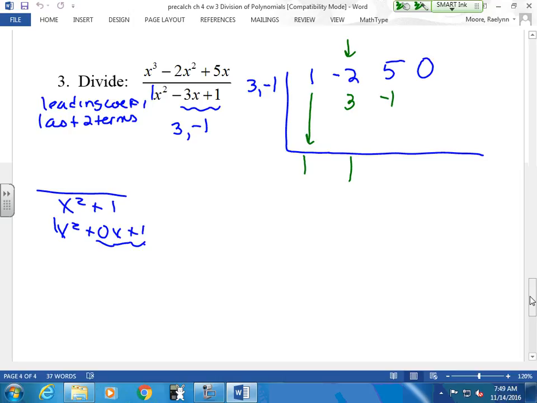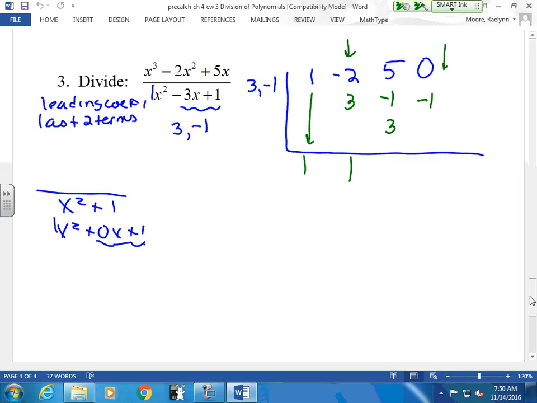I'm going to do it again. From the left, 3 times 1 to my right, 3. -1 times 1 to my right, but somebody's there, so I have to go over here. And I stop. Now, because I'm at the end, I can add both columns down. If I had another column, I would just add this one down.